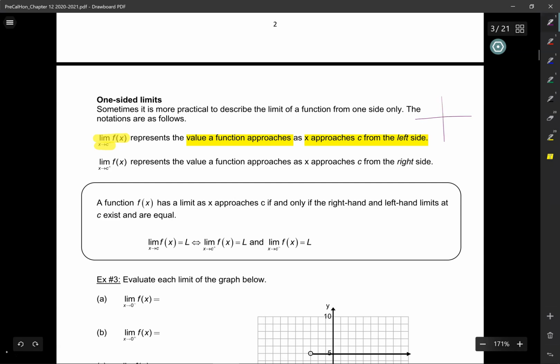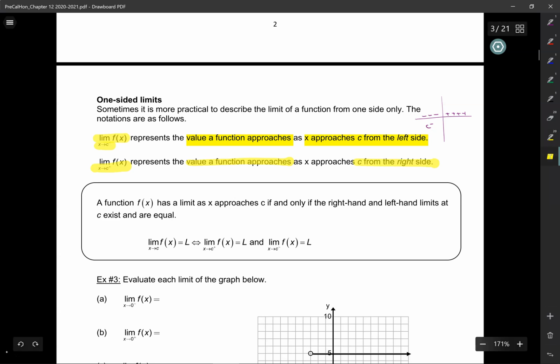So remember, the left side of the graph are the minuses, the right side of a graph are all pluses. So when we say c minus, it's approaching from the left. That's it, just the left of the point. So similarly, the limit of f of x as x approaches c from the positive side is the value of the function as x approaches c from the right side.